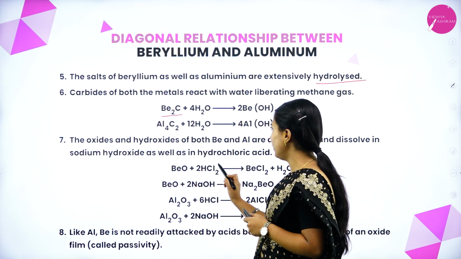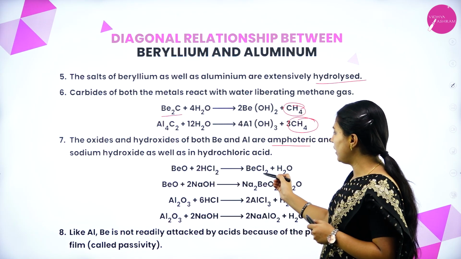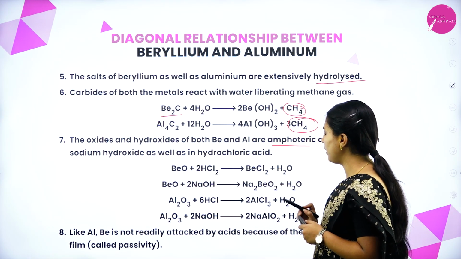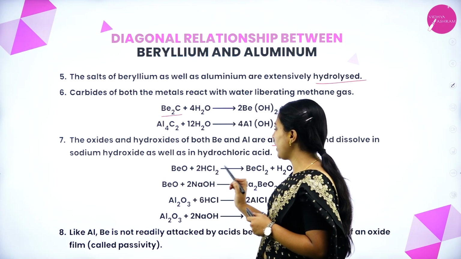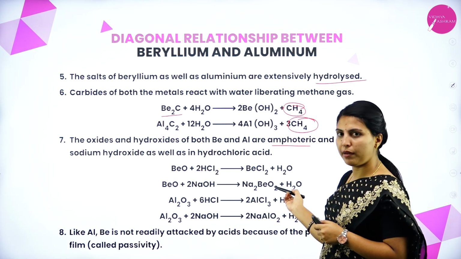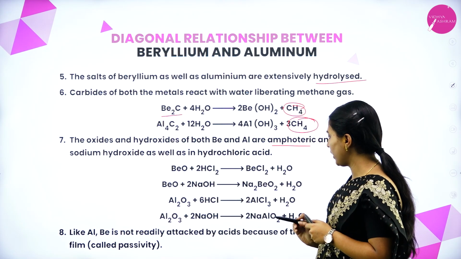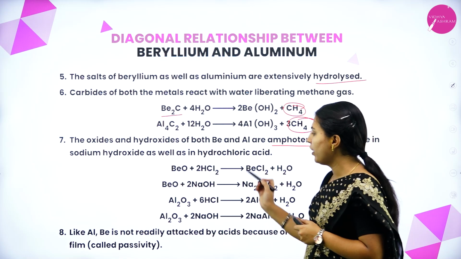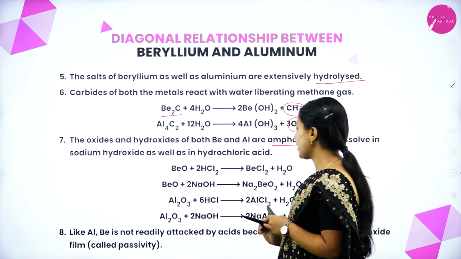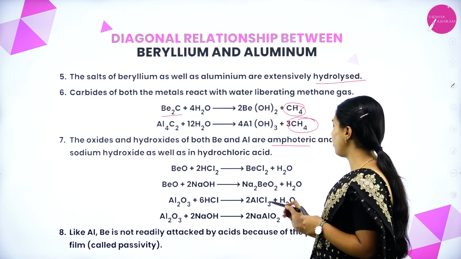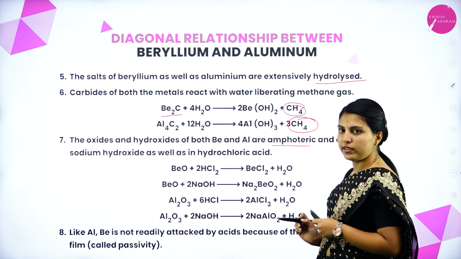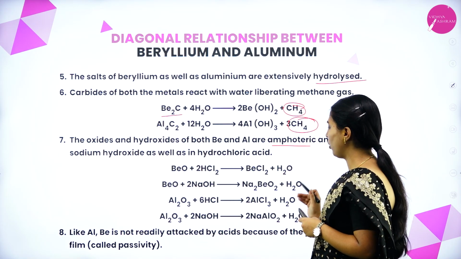Beryllium oxide dissolves in 2HCl, that is hydrochloric acid, and forms beryllium chloride. When beryllium oxide reacts with sodium hydroxide, it forms sodium beryllium oxide. Aluminium oxide also reacts with hydrochloric acid and forms aluminium chloride. When aluminium oxide reacts with sodium hydroxide, it will also form sodium aluminium oxide with the liberation of water.